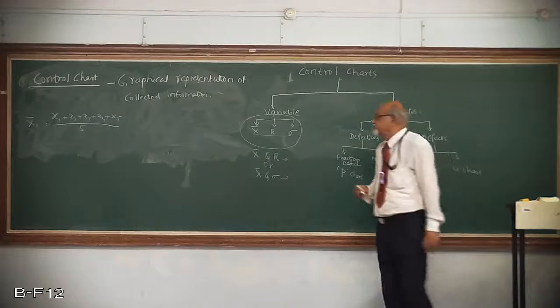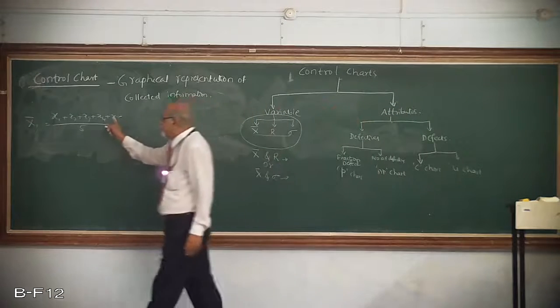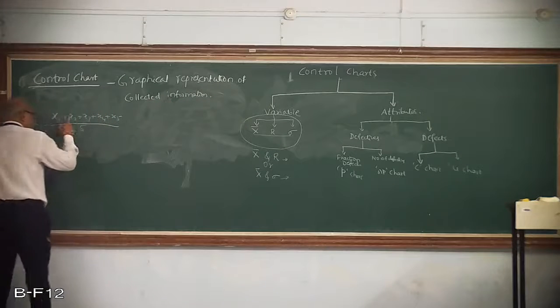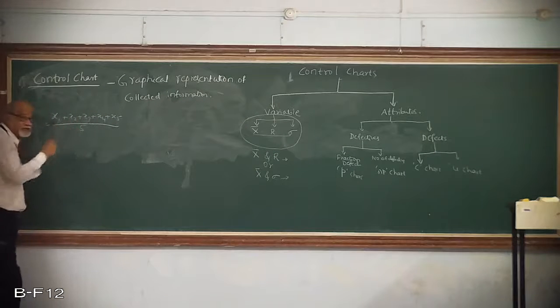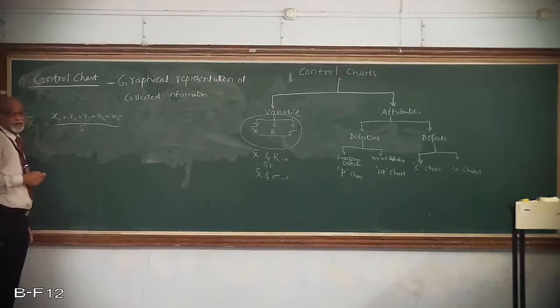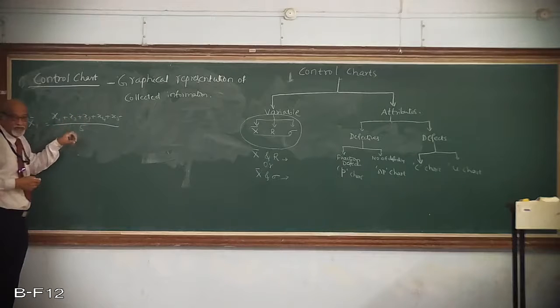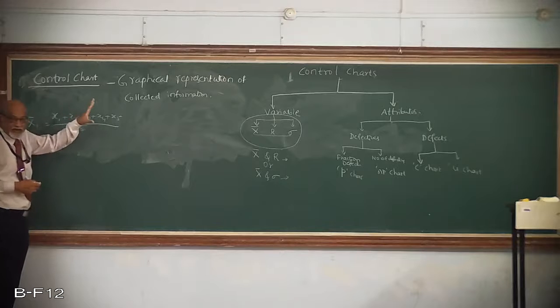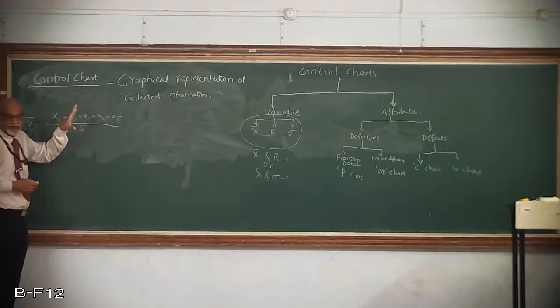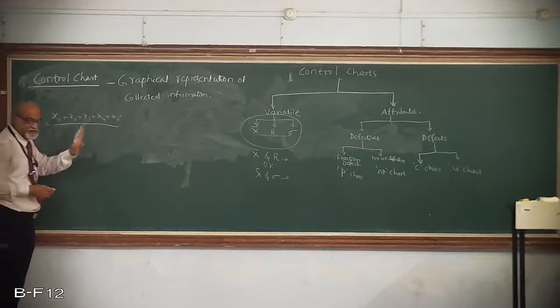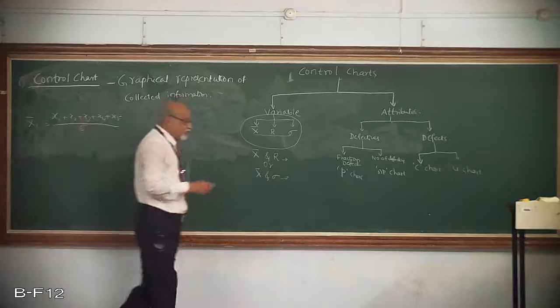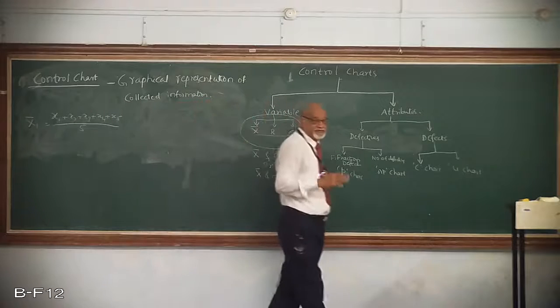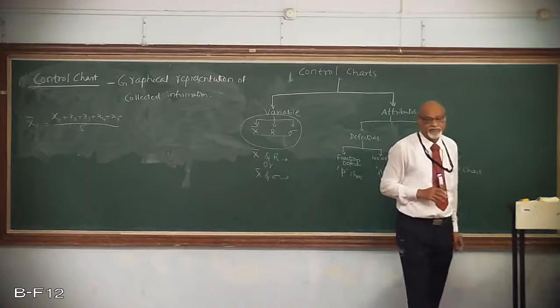So these are not expected things; they should be the same, but they are not the same. Hence, how much variation should I allow? That is the crux of that chart, the limits I am going to fix. Variation is inevitable, but how much variation I can tolerate is most important.